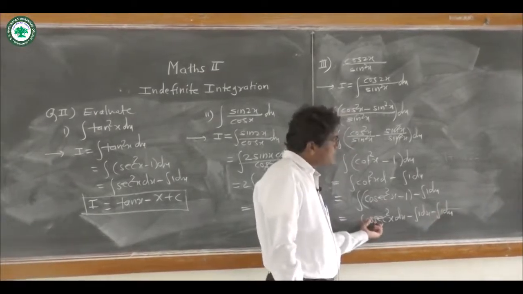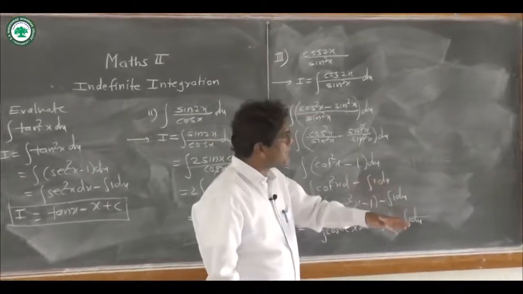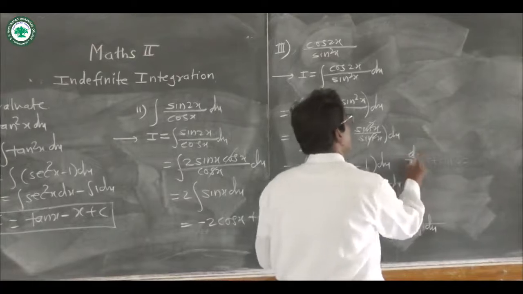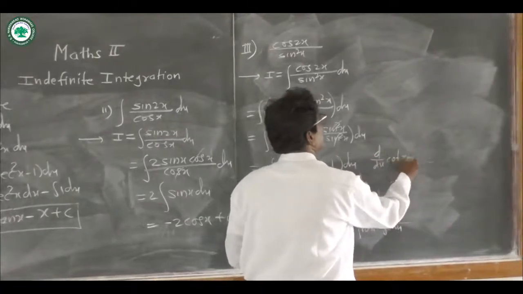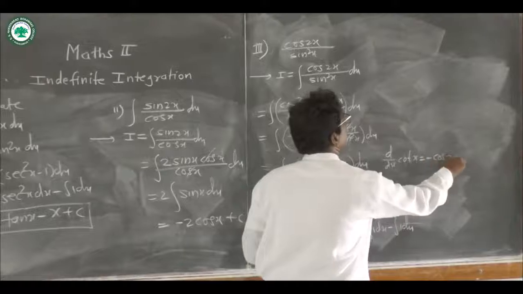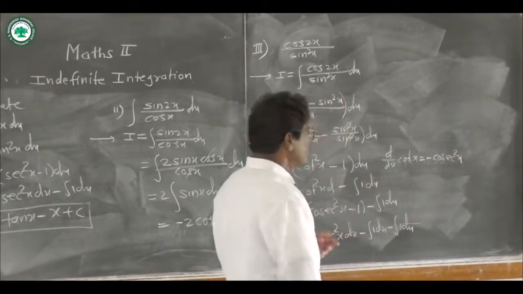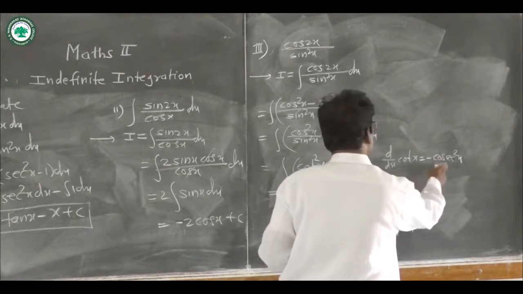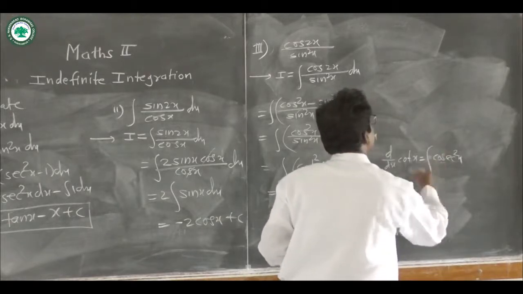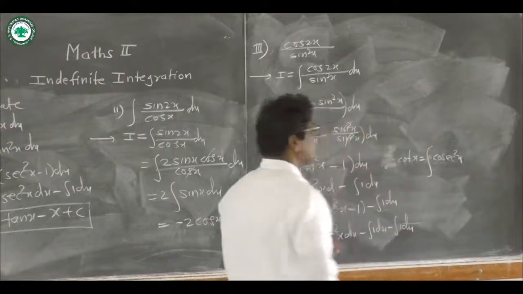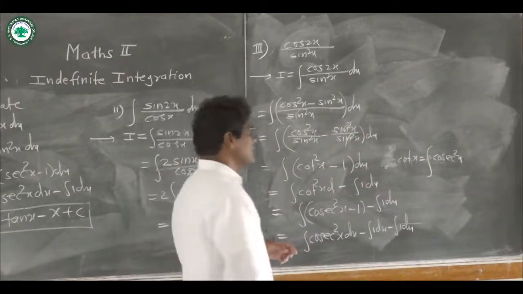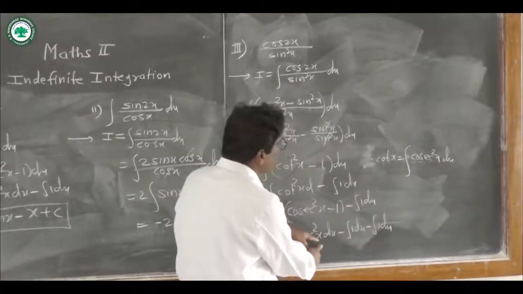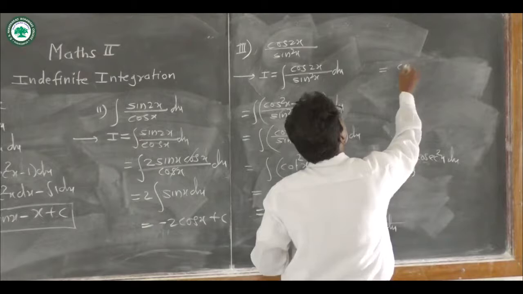Now cosec square x is related to the derivative of cot x. d by dx of cot x is equal to minus cosec square x. Therefore integration of cosec square x dx is equal to minus cot x.